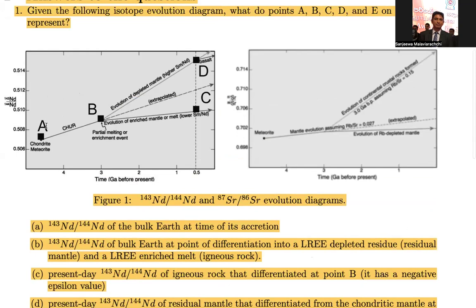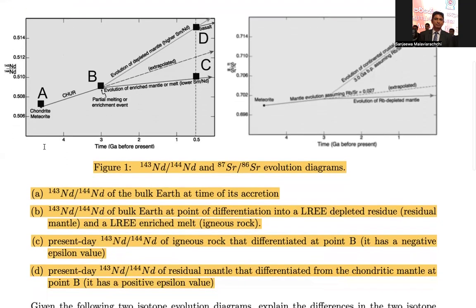Here, why? This is a chondrite meteorite, right? You are specifically given that this is a chondrite meteorite, right? There can be so many other types of meteorites also, but we consider chondrites as the building blocks of the Earth, bulk Earth, right? So this neodymium diagram specifically mentioned that this is the chondritic meteorite, right?